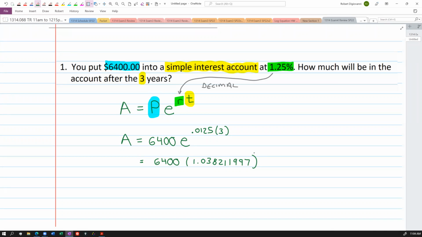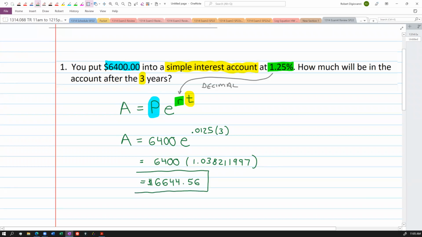Take at least 4 or 5 digits whenever you're doing it. We're not going to round that part because that really will impact the accuracy of the answer. So take that, multiply by 6,400, and we get $6,644.50. I'll round up 56 cents. That's money, so I'll put a dollar sign in front of it. That's how much we would have after 3 years.